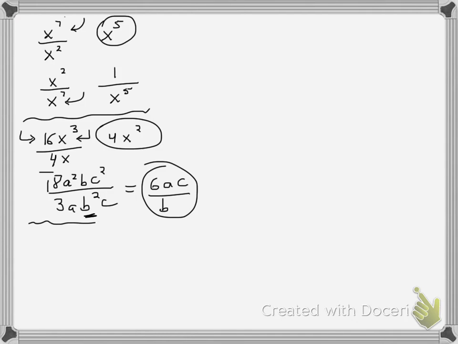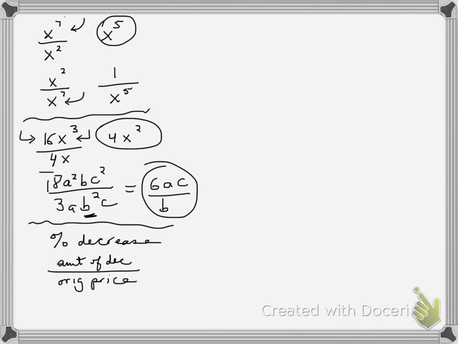Okay, so let's recall, percent of decrease means you take the first price minus the second price, so you're getting the amount of decrease, and you put that over the original price, and then of course do the arithmetic, and that will give you the answer.